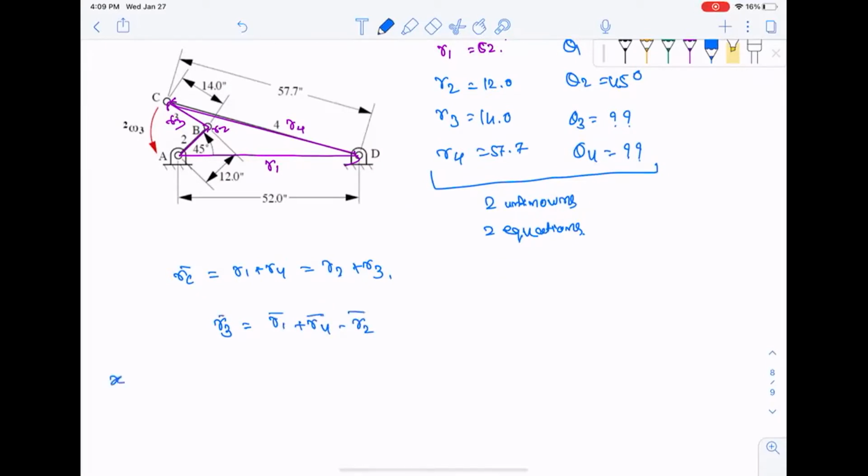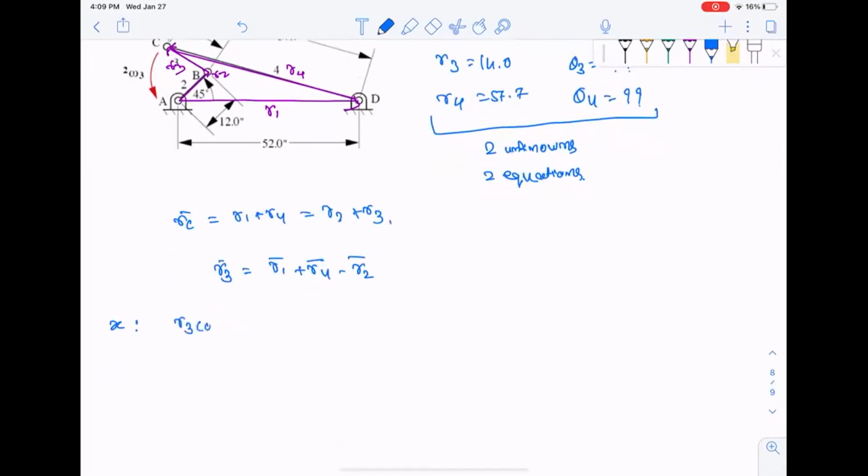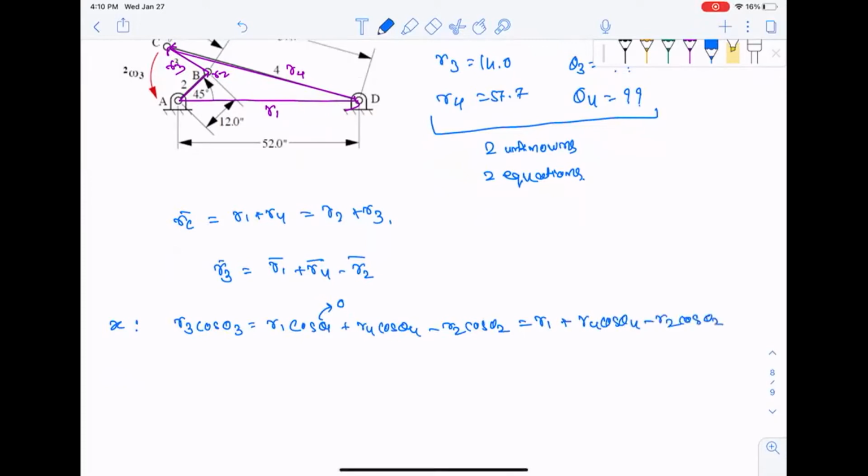Now if we write the x coordinate, then it's R3 cos theta 3 equals R1 cos theta 1 plus R4 cos theta 4 minus R2 cos theta 2. We know that theta 1 is 0, so this will turn out as R1 plus R4 cos theta 4 minus R2 cos theta 2.